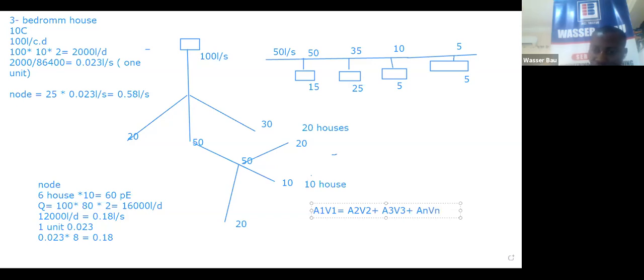That's the law of continuity, depending on where you're coming from. But please, gentlemen and ladies, I just want you to understand this and then relate it with the network.